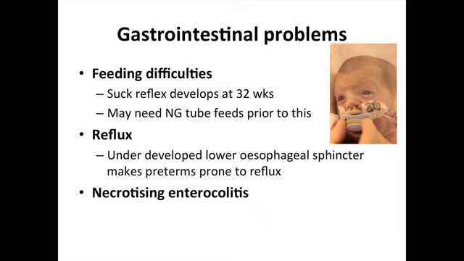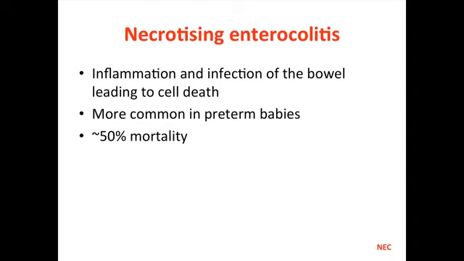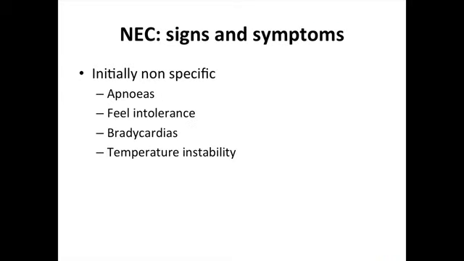A very important complication, and sadly quite common, is necrotizing enterocolitis. Necrotizing enterocolitis is inflammation and infection of the bowel leading to cell death. It is much more common in premature babies, but it can occur in term babies. And there's up to a 50% mortality, and some texts even say 70 to 80%.